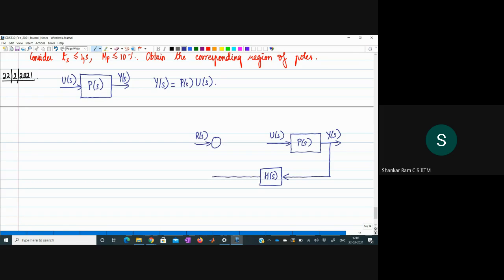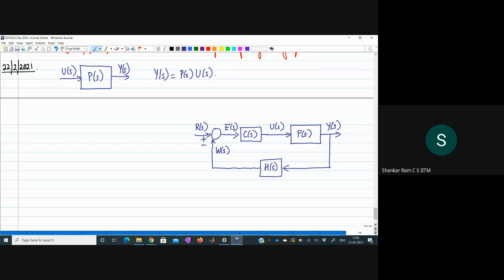So we may want to put an integrator in the feedback path and so on. In those scenarios, we may have a feedback path transfer function. So let's call the signal which is coming out of this feedback block W of S, and this goes to the summing junction, and we get an error which we denote by E of S, and this error now goes to the controller block whose transfer function is C of S. Let me introduce all these terms very carefully.